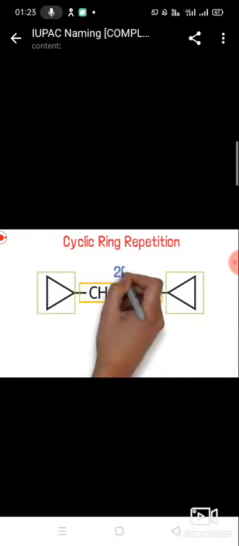Look at this, both cyclopropane and an alkyl group are present. So you have to consider this is a 3 carbon atom, 2 carbon atom. So 2, 3 carbon atoms are present in a cyclic form.